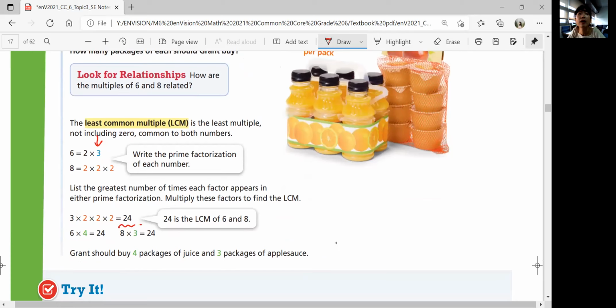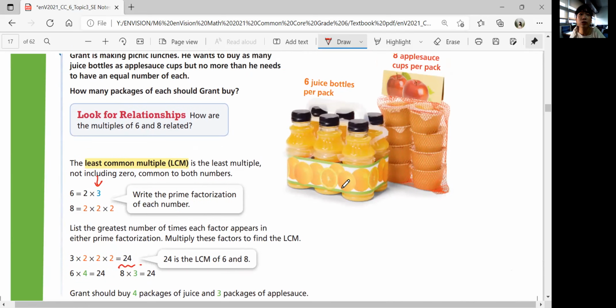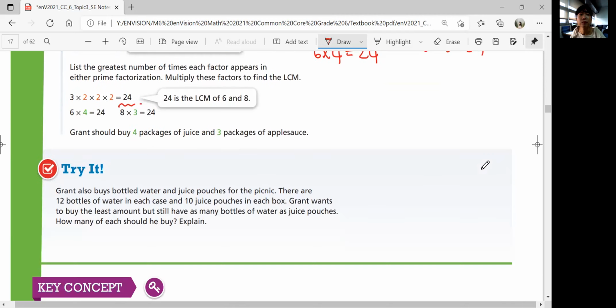If he buys 4 packages of juice, so 6 times 4, he gets 24. If he buys 3 packages of applesauce, 8 times 3, 24 applesauce, right? So he has the same number of juice and applesauce, even if he buys them separately, right?